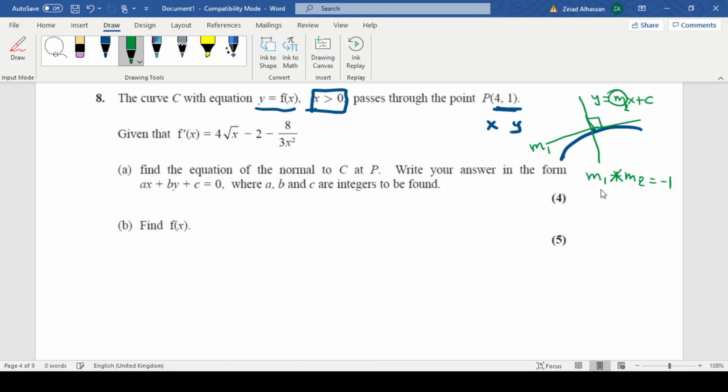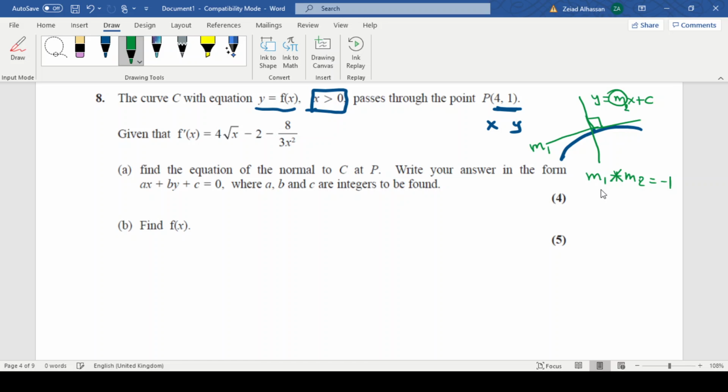So that's the differentiation. Let's substitute at x equals 4. So f prime 4 is equal to 4 square root of 4 minus 2 minus 8 over 3 times 4 squared, which is 4 times 2, that's 8, minus 2 minus 8 over 3 times 16.